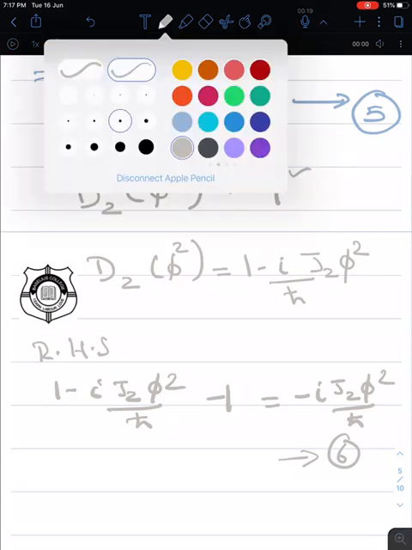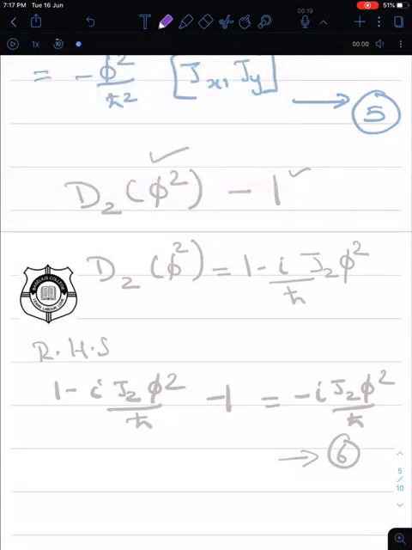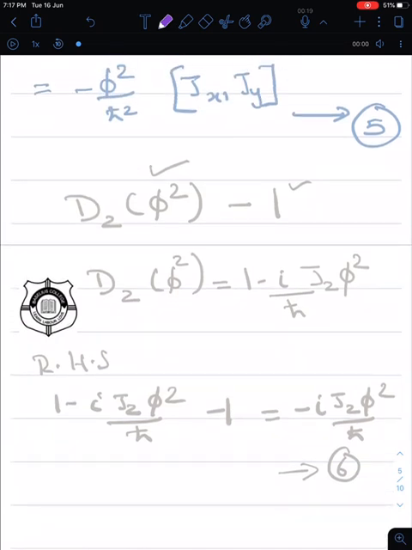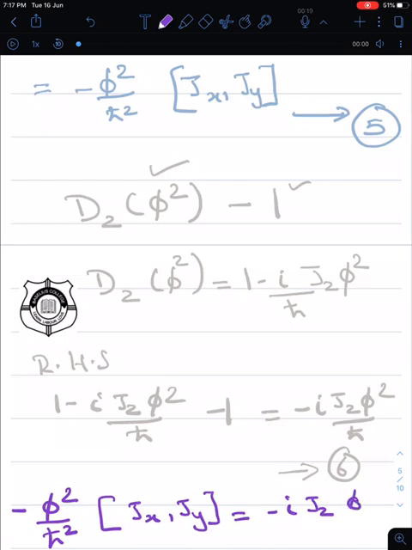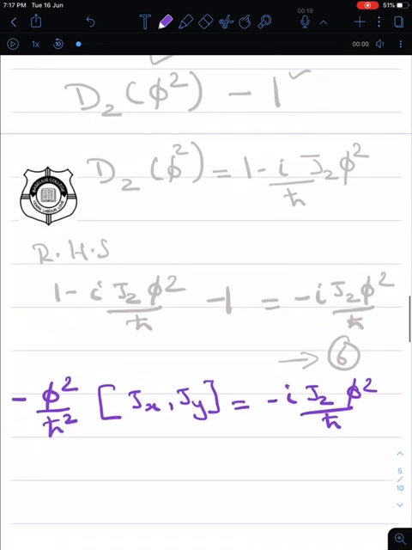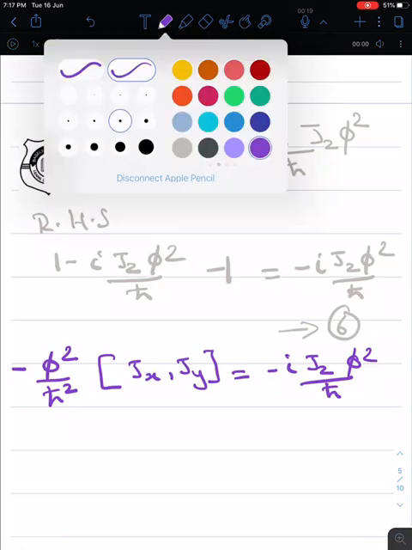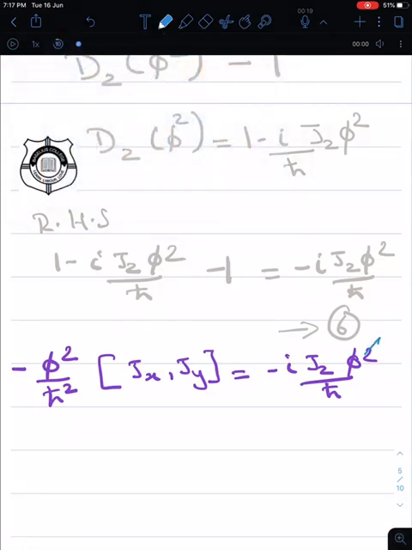So equating the left hand side and the right hand side, the left hand side, equation 5, is minus phi square by h cross square times the commutator of jx and jy, equal to minus i jz phi square by h cross. So you can cancel off the terms, phi square on both sides, one h cross on both sides, and the minus sign can be put as plus 1.